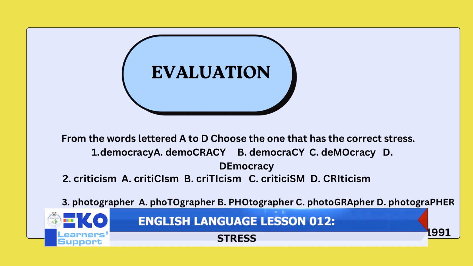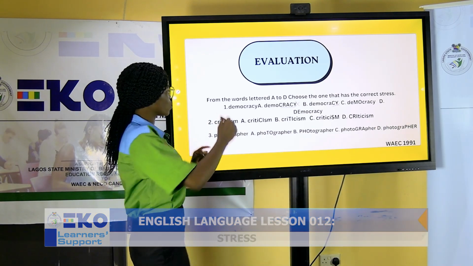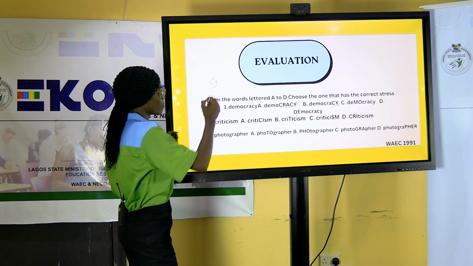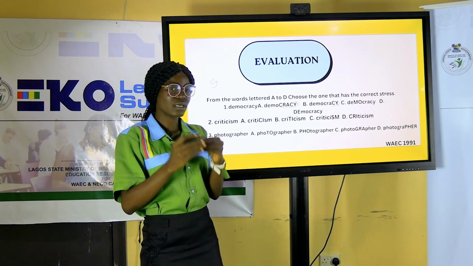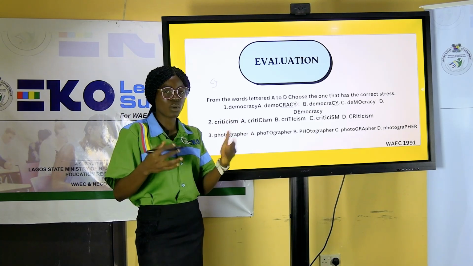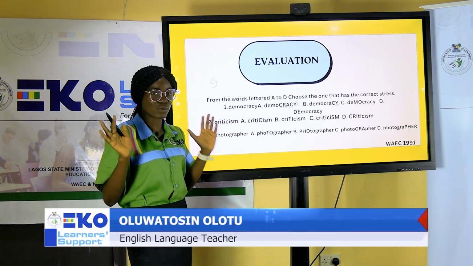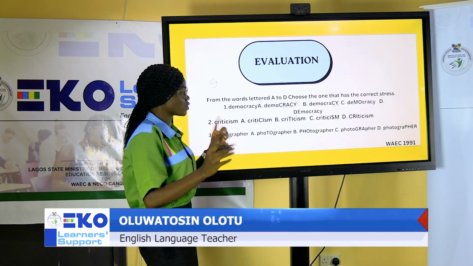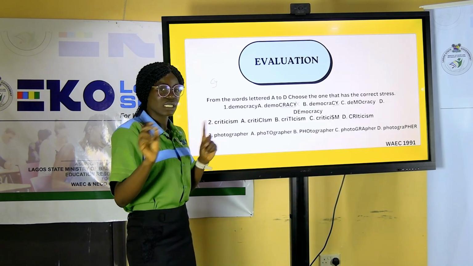Now, let me take you back to what we have done so far. In some of the rules we've learned today, remember I told you when you have CY, you should stress the antepenultimate syllable. I've told you that you have to master some of these rules. In fact, master all of the rules. It will go a long way to help you. The antepenultimate syllable means the third syllable from the end.